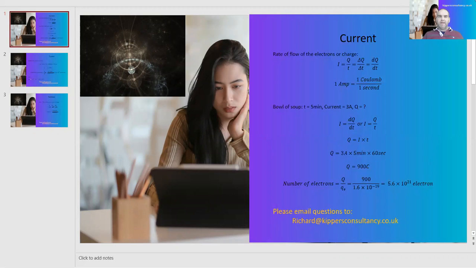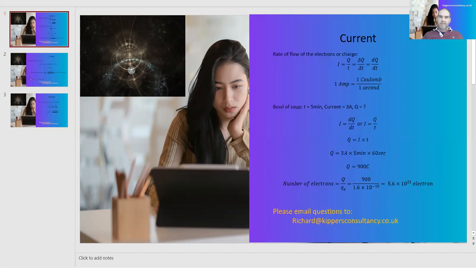Now let's look at some examples of current. Imagine a bowl of soup is heated in a microwave for 5 minutes and the microwave draws 3 amps of current. What is the charge that passes through the microwave whilst heating the soup?